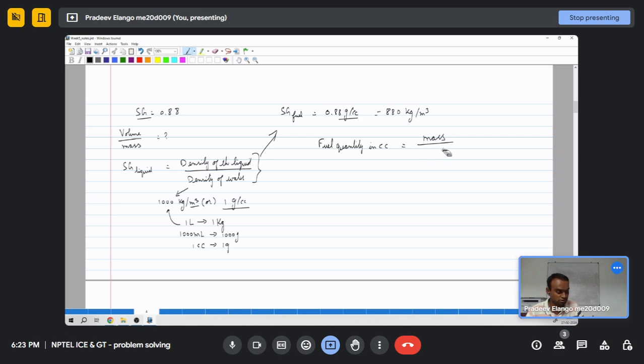Here the numerator unit will be gram, the denominator will be gram per cc, so I will finally have cc. So mass is 0.042 and density is 0.88. Can you calculate this?